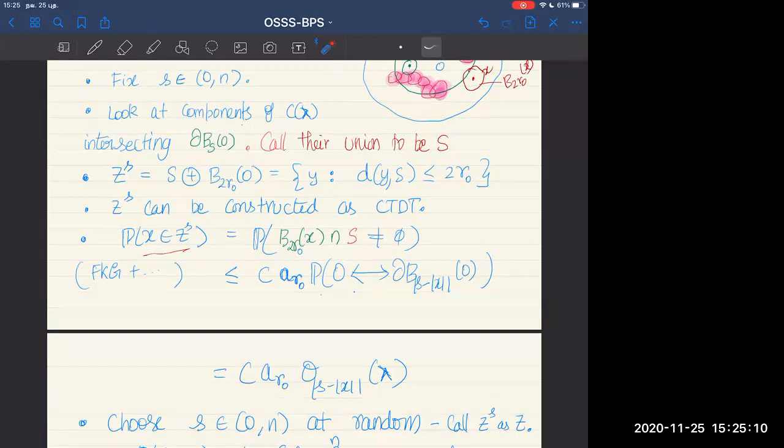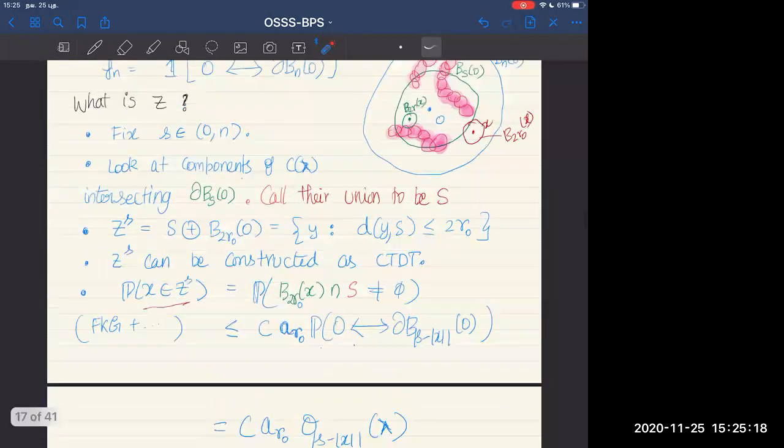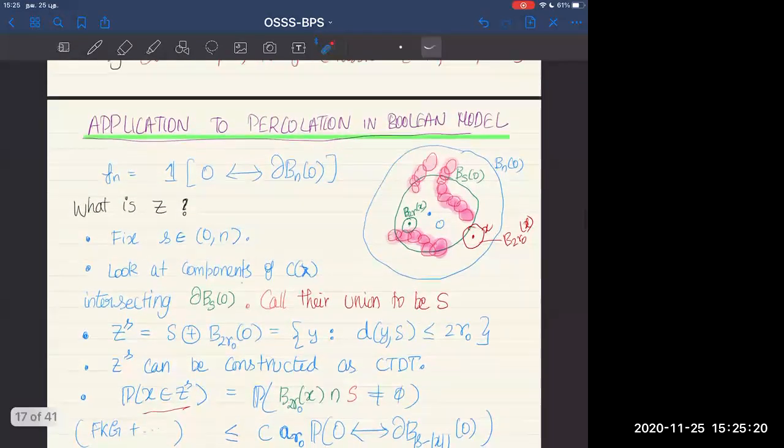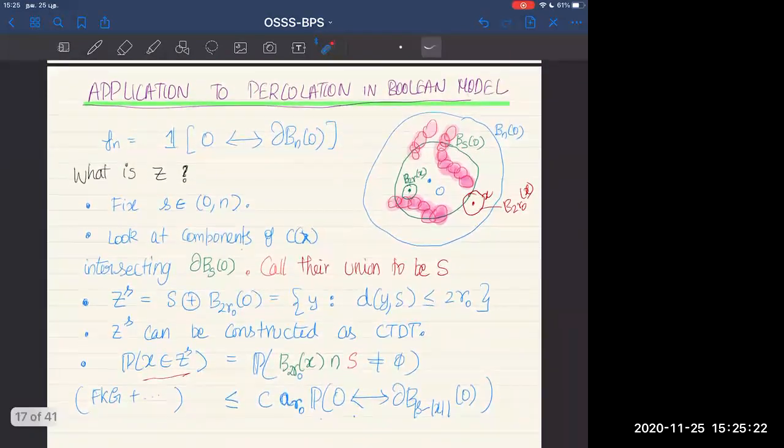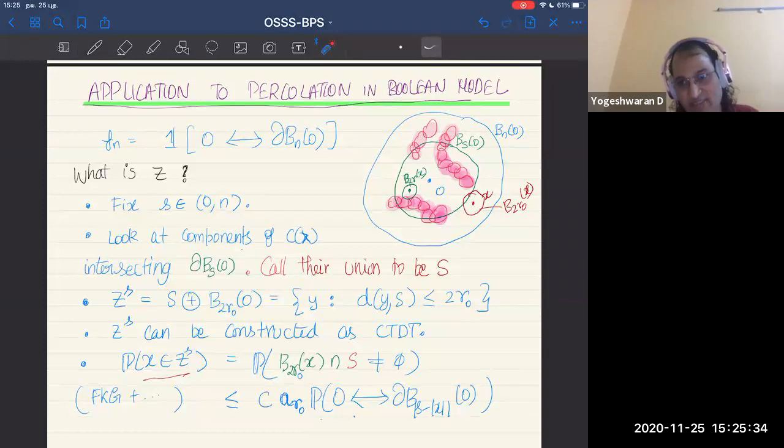Any other questions? I have one. Just to understand this OSSS application: mostly you construct a lot of different stopping sets which are disjointly supported, then you randomize among them. This is the usual way of doing things, is it? Yes.